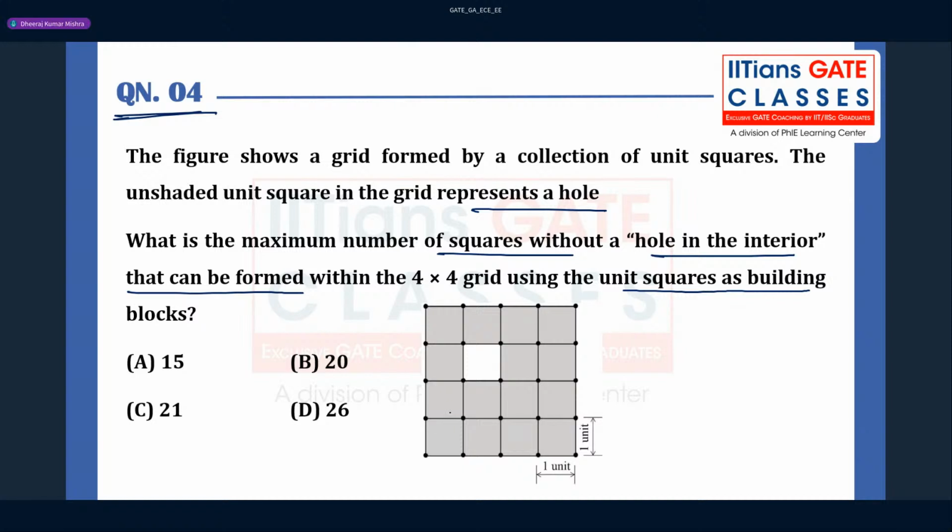So one, two, three, four. So the total number of squares will be what? If you take 1 by 1, 1 cross 1, the total number of squares is nothing but 4 into 4 minus 1, because this hole is not going to be considered as a square, so it is nothing but 15, right?